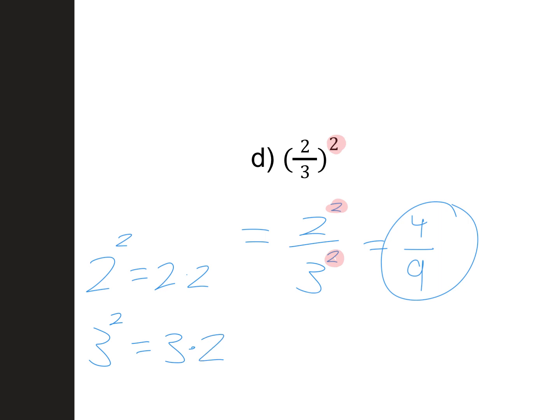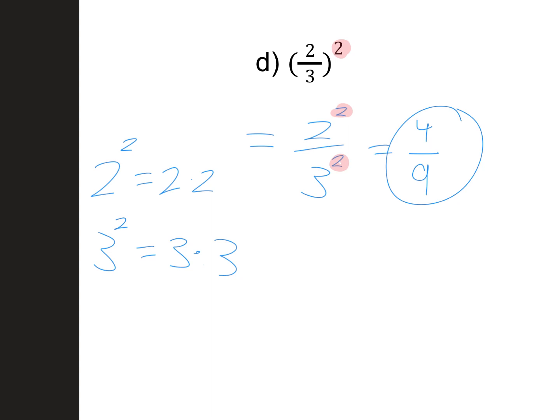So what exponents tell us is how many times we're deciding to multiply a certain number times itself. And I realize I just made a mistake. This is supposed to be 3 times 3, right? So if I had 2 to the power of 4, this would be 2 times 2 times 2 times 2, 4 times.